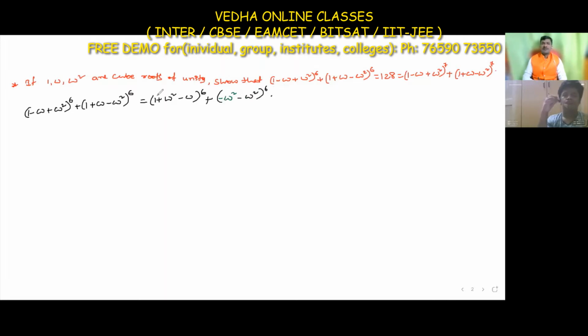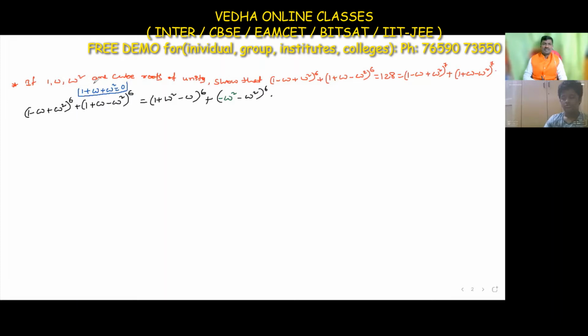So what formula did we use here? For cube roots of unity, 1 plus omega plus omega square is equal to 0.